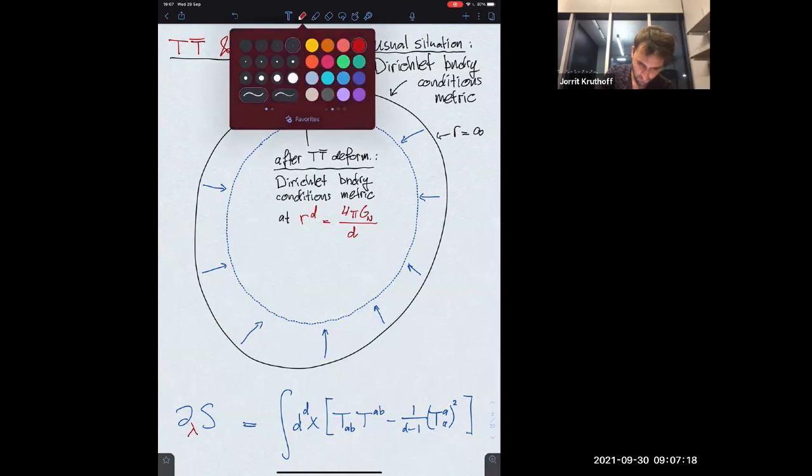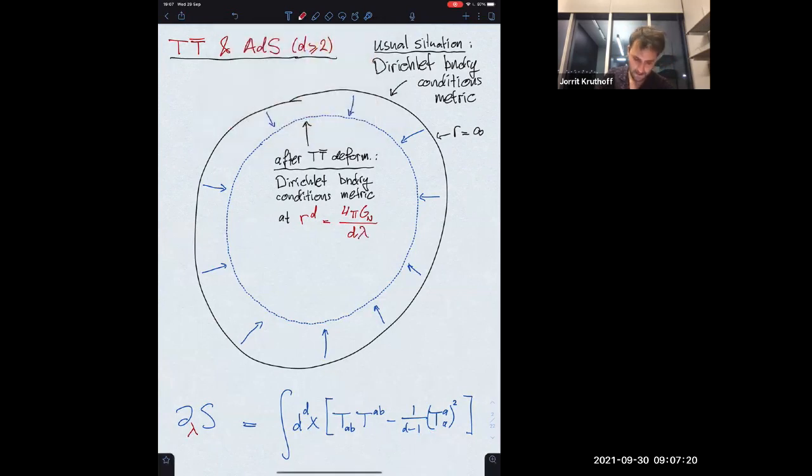Let me write it. So the radius at which I want to fix the metric is given in this way, in terms of a dimensionful parameter lambda, and the proposal is that this lambda is related to a certain coupling of an operator in the boundary.